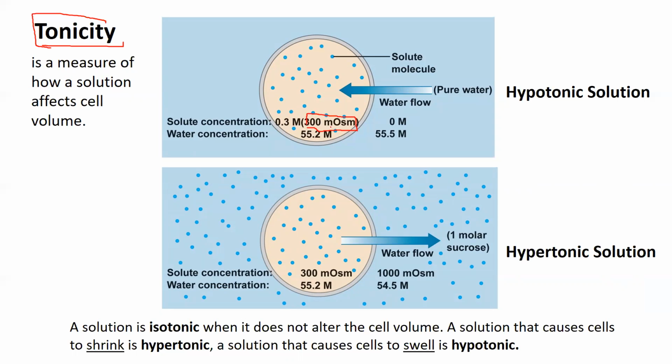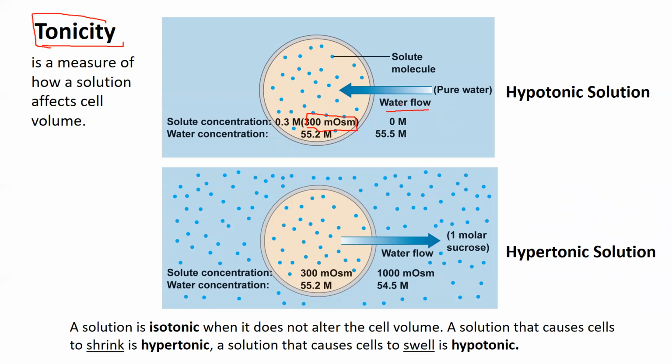Okay, and if we put this cell in water, which is a hypoosmotic solution, right? So what do you think will happen? Yep, the cell will swell. Why is that? Exactly.